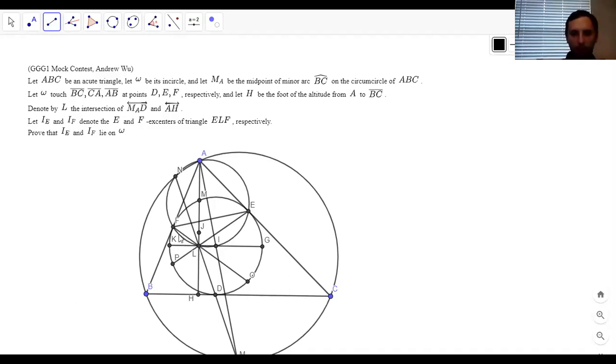Yes. And since angle ALG is 90, that means LG has to be the bisector of ELO. And so we know LG is an angle bisector. But how do we know FG is an angle bisector?